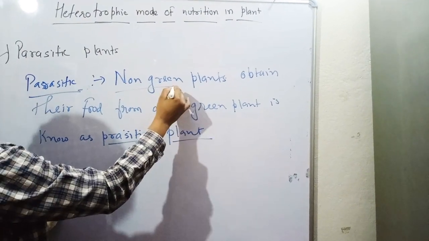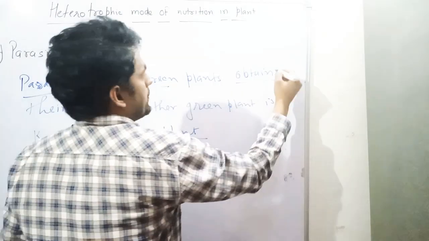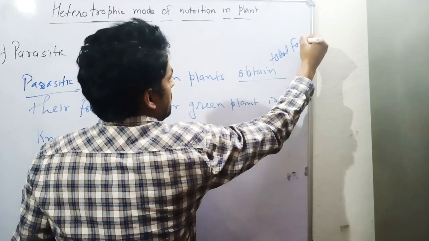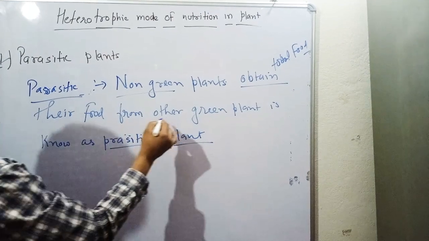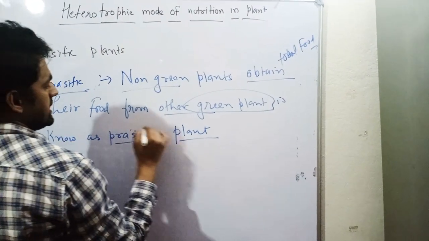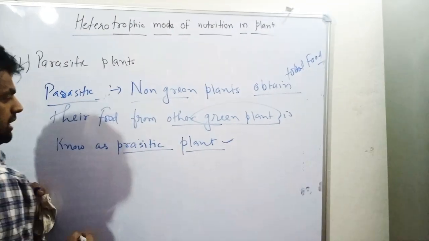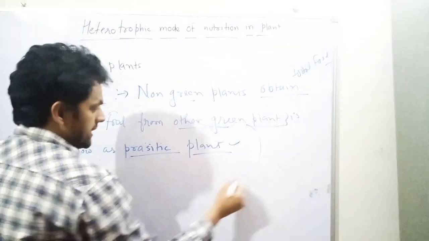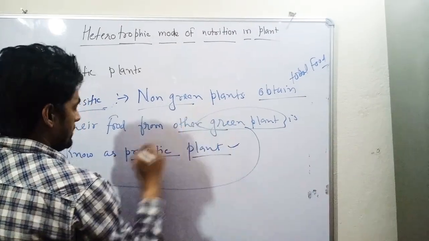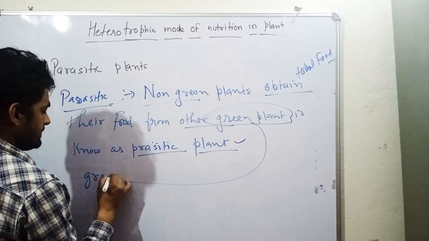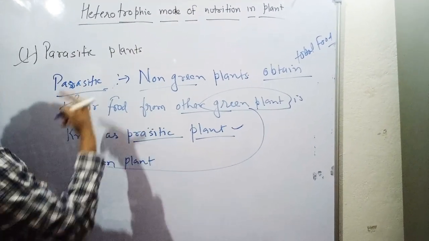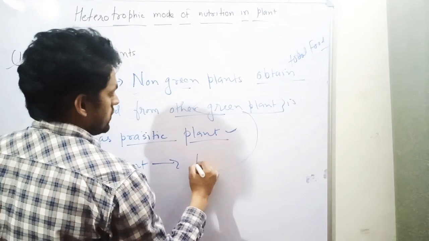They are non-green plants and they obtain the whole food, total food, from where? From other green plants. That plant is known as a parasitic plant. And the other green plant, that plant providing them food, the green plant from where they get their food, is known as the host plant.